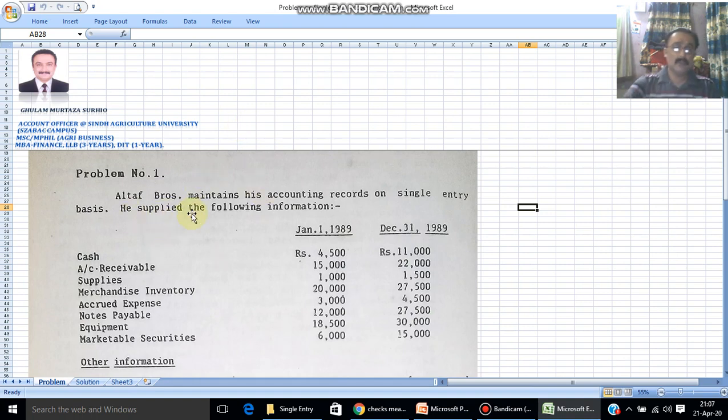So now, moving towards problem number one. Altaf Brothers maintains his accounting records on a single entry basis. He supplied the following information. We have the following information: cash, accounts receivable, supplies, merchandise, accrued expenses, notes payable, equipment, marketable securities.